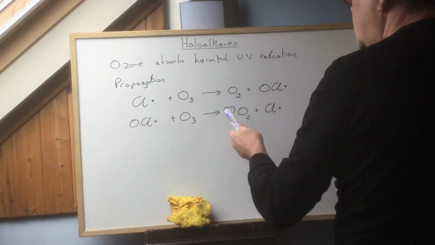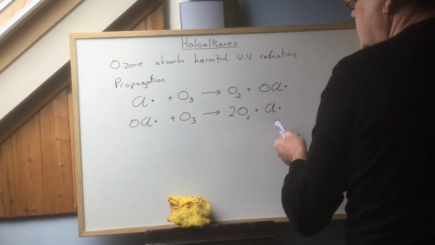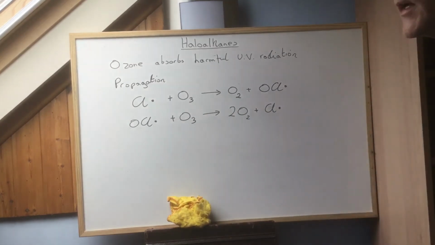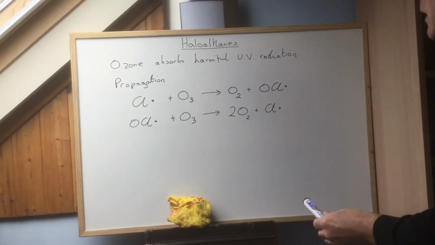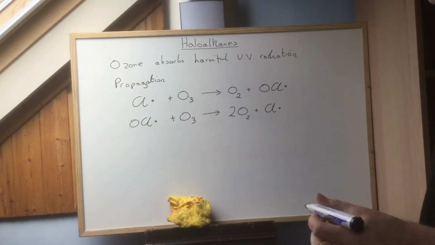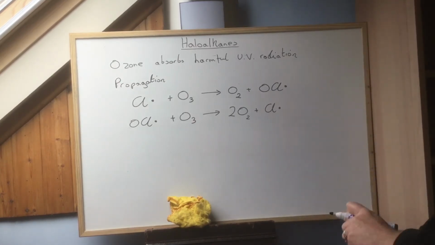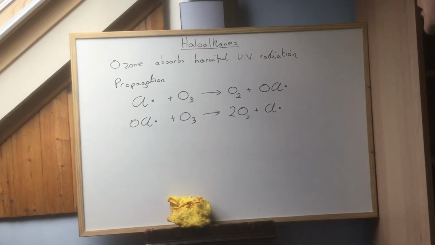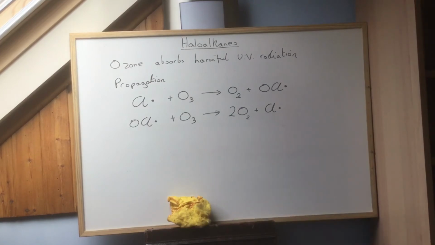The whole point of this is that the free radical is not being used up in these two collisions. The free radical is still actually there, so it can go on and cause much more damage. I don't know the figures, but they reckon that maybe one chlorine free radical can destroy, I think 50,000, I'm guessing a bit, 50,000 ozone molecules before it meets perhaps another free radical and terminates. So they go on and they bash, bash, bash and cause these holes in the ozone layer.